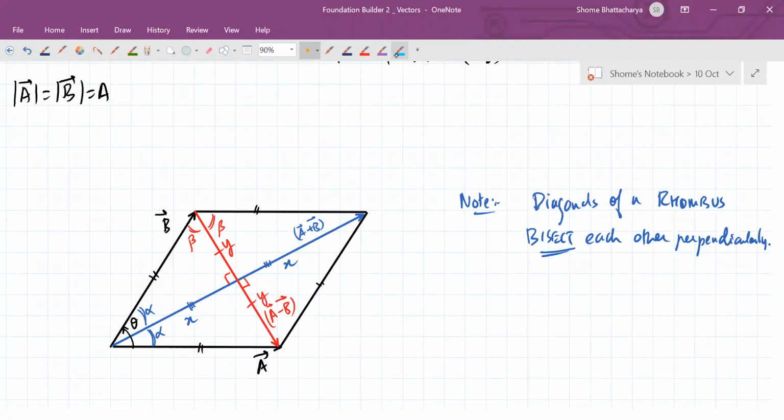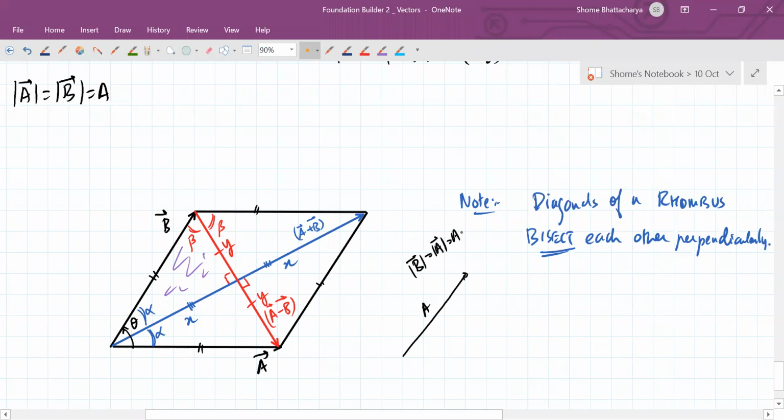So now if you just concentrate on one of these right angle triangles, you can see that the diagonals are cutting it into four congruent triangles. So in that triangle, which I have just shown over here, you can see that this side is basically A, because magnitude of the vector B is equal to magnitude of the vector A, which is A. Whereas this perpendicular here is y, and this base here we have drawn as x, and this angle is alpha.